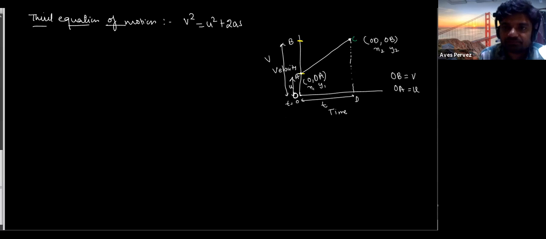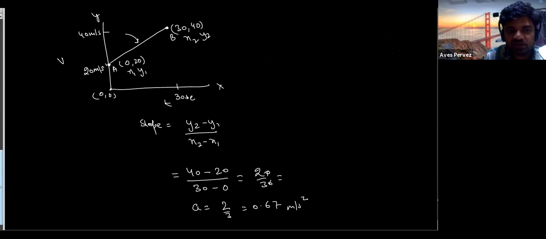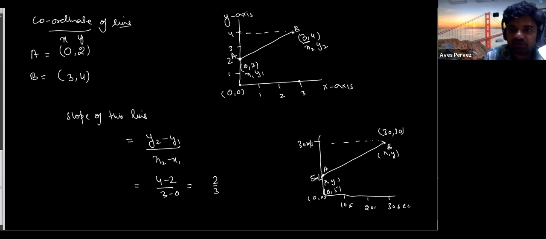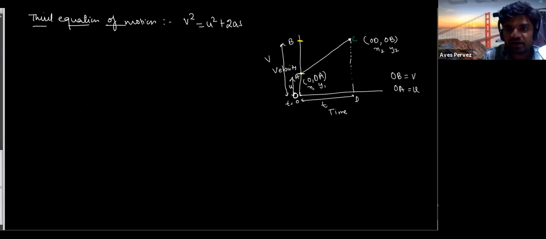Okay, let us start. We are going to derive the third equation of motion, v square is equal to u square plus 2as. When we were deriving the second equation of motion, we divided this area into two parts: one is the triangle, another one is the rectangle.